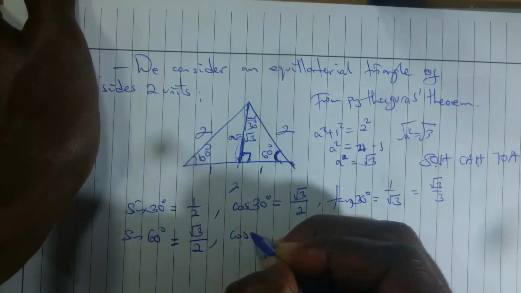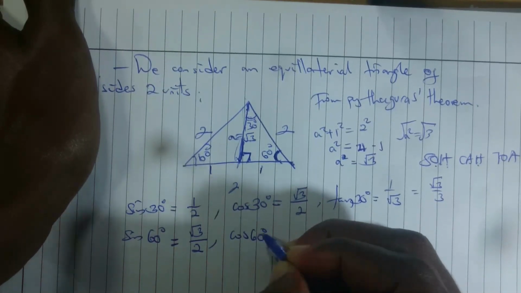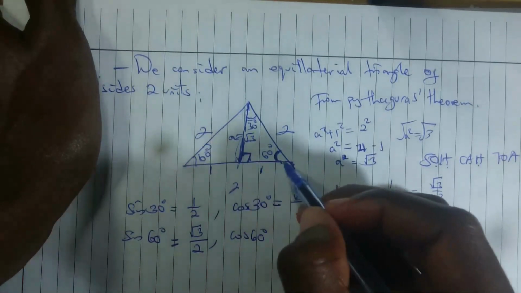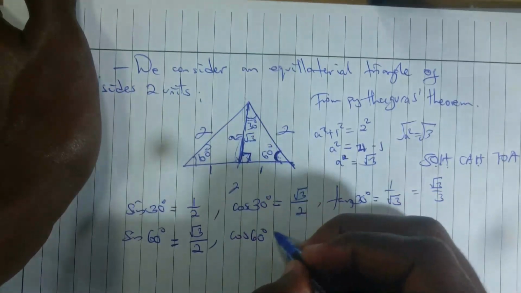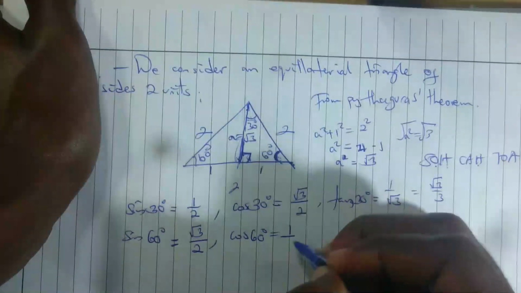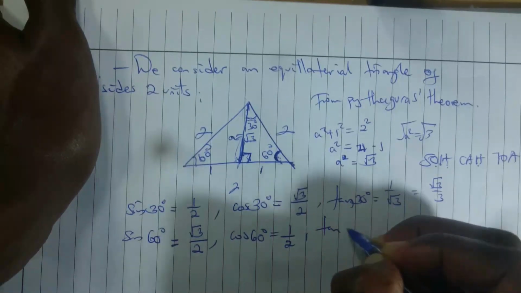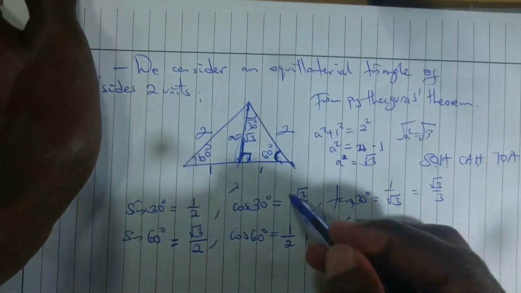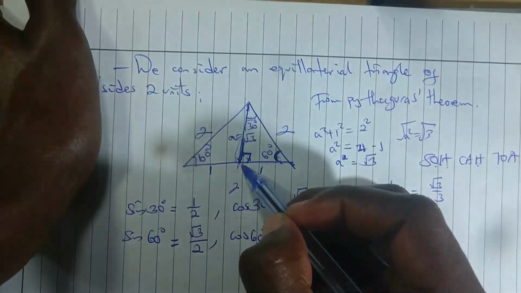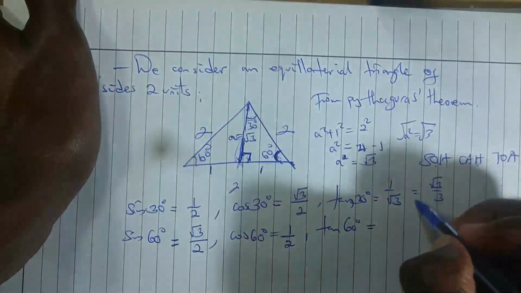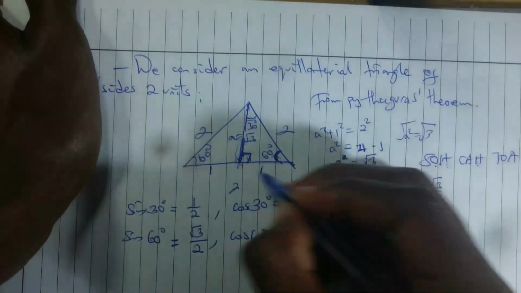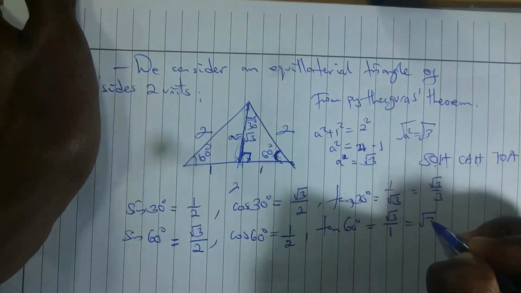Then cos of 60 degrees is adjacent over hypotenuse. This 60 is adjacent to this side, which makes it 1 over the hypotenuse, which is 2. Then tan of 60 degrees is the opposite, root 3, over the adjacent, which is 1, which makes it only root 3.